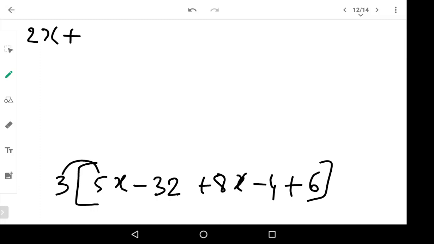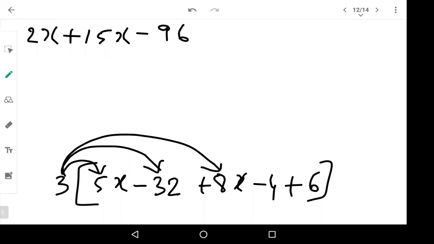So 3 into 5x is plus 15x. 3 into minus 32, I can say it as minus 96. Good, minus 96. Then 3 into 8x. 8 threes are 24.